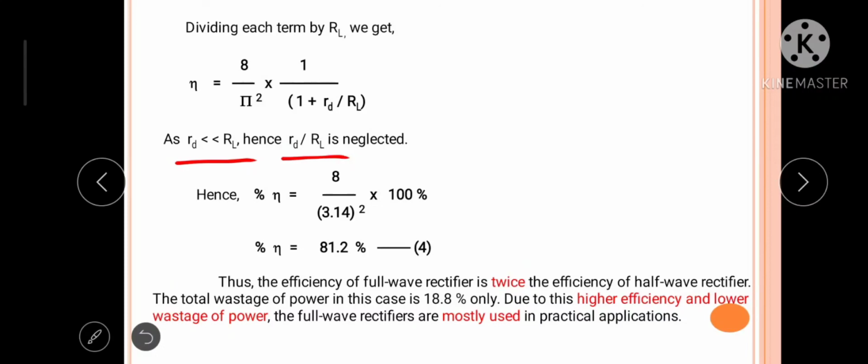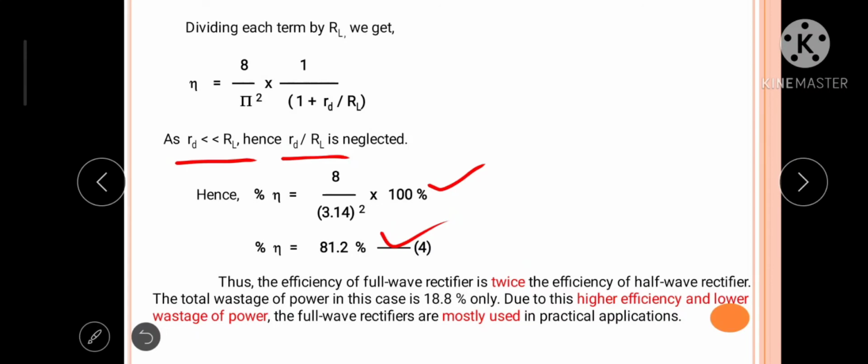Here efficiency is measured in percentage, that's why it is multiplied by 100%. The final value of efficiency eta comes to be 81.2%.